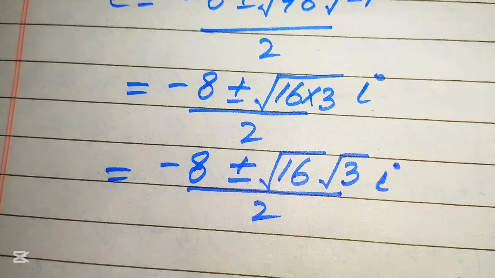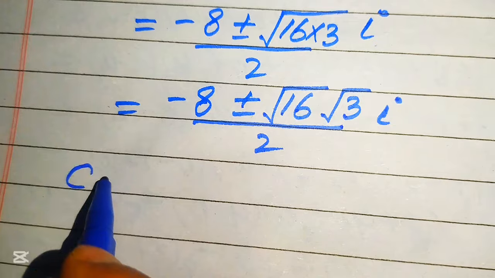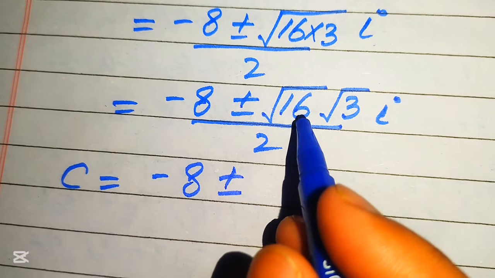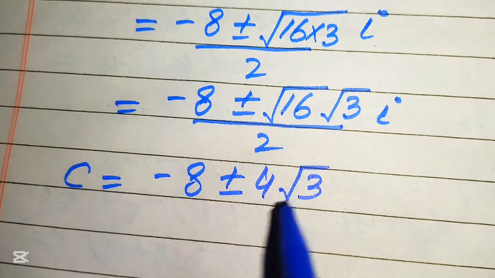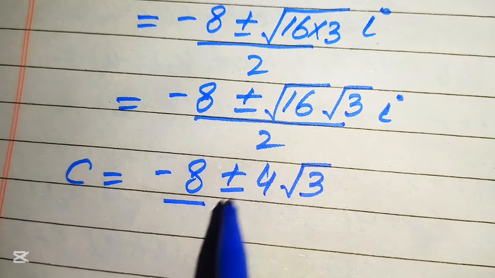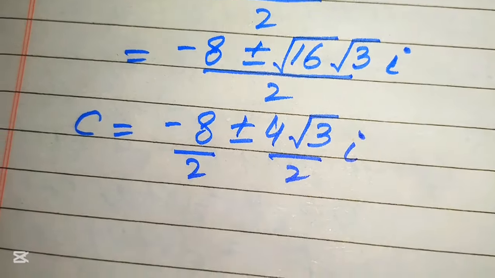So here we know that square root of 16 is equal to 4. So we obtain c equals minus 8 plus minus 4 into square root of 3, and here we break this fraction, and we can write these two separately on both of these values, and here we have iota.